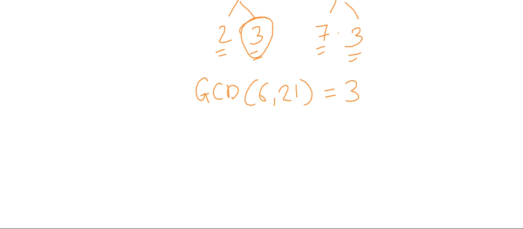Okay, now let's take another example. Let's take 12 and 20. Okay, what is the GCD of this? So we're gonna do the same, right? What is the biggest number with which both can be divided? If you look at it, you can easily say that we can divide 12 by 4 and 20 by 4.